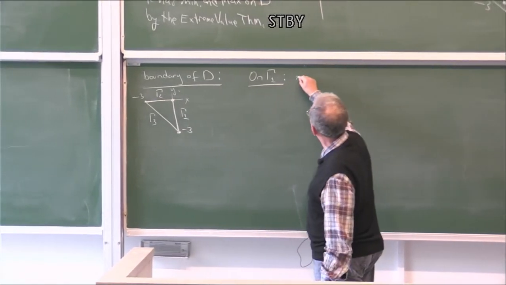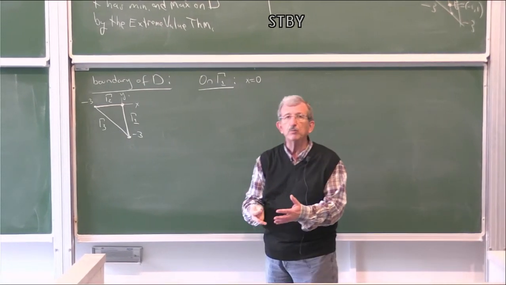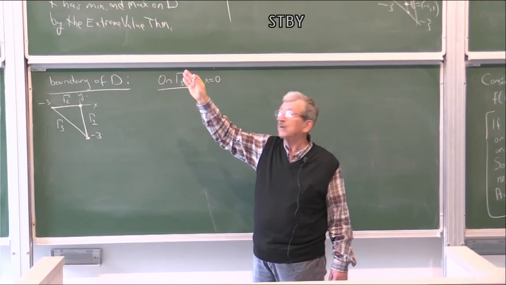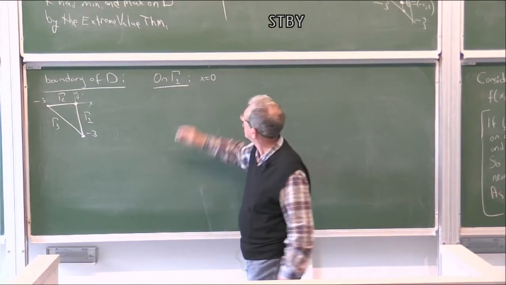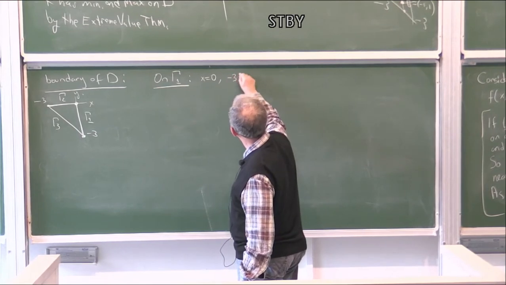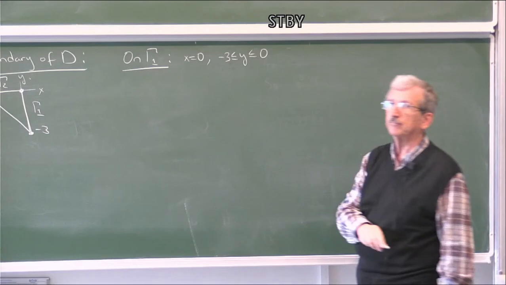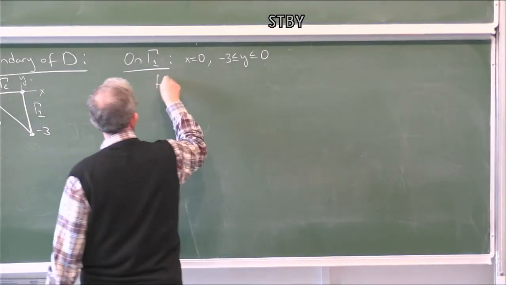So this is x is 0. But if I say just x is 0, I will be considering the whole y-axis. Okay. Gamma 1 is not that. y is restricted. And y is between 0 and minus 3. Okay. So what happens to my function then?